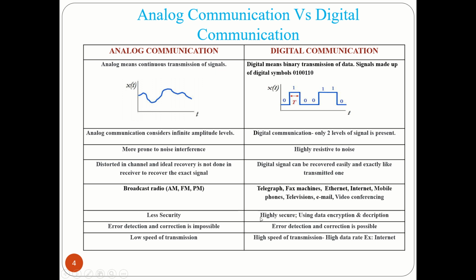Being less error-prone, digital communication is highly secure, because we use data encryption and decryption, which will be known only to that particular transmitter and receiver. Error detection and correction is not possible in analog communication, but it is possible in digital communication. The speed of transmission is very low in analog communication, and we can achieve high-speed data transmission with a high data rate in digital communication.